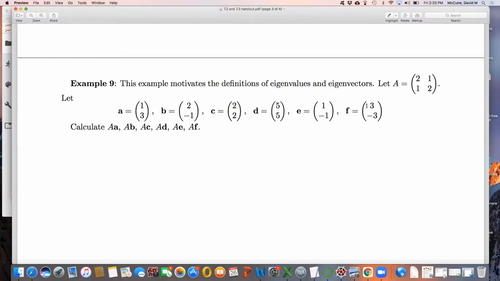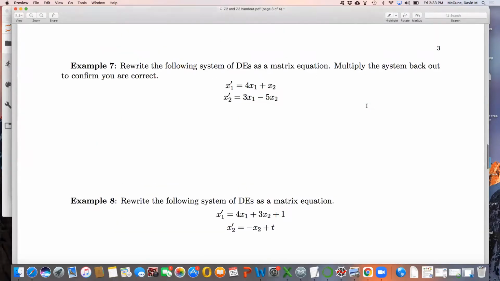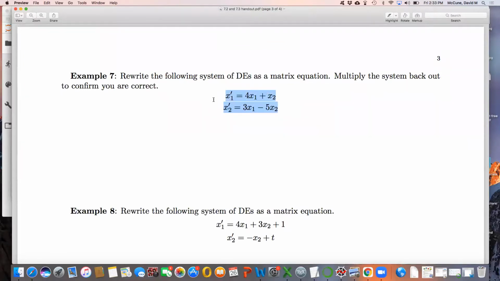Okay. So it turns out that if you want to solve a system like this, or a system like this, actually, but really we're going to focus on these for a while, finding eigenvalues and eigenvectors will tell you everything you need to know. Eigenvalues and eigenvectors of what?